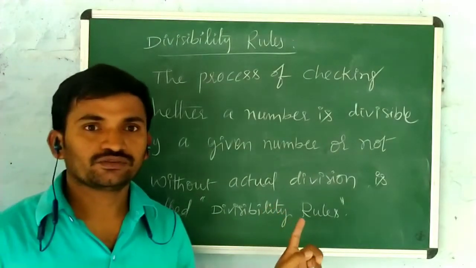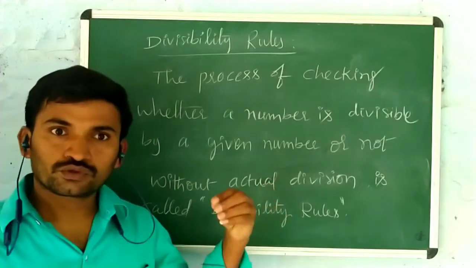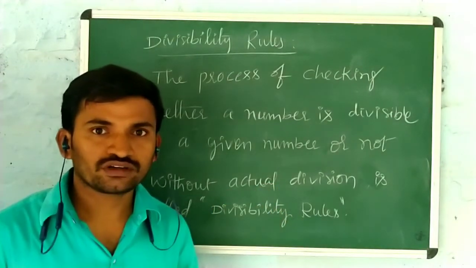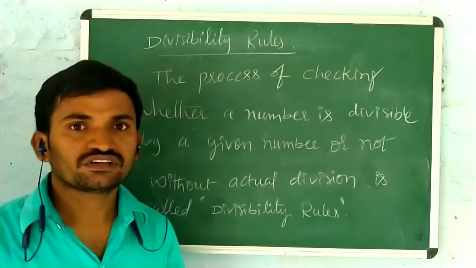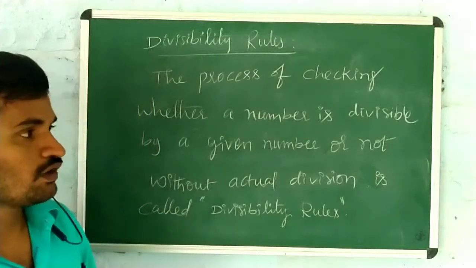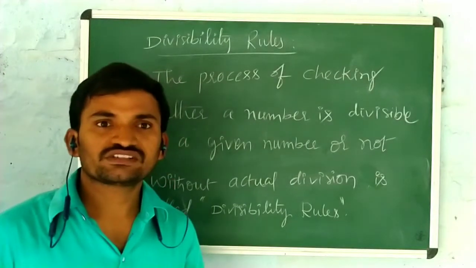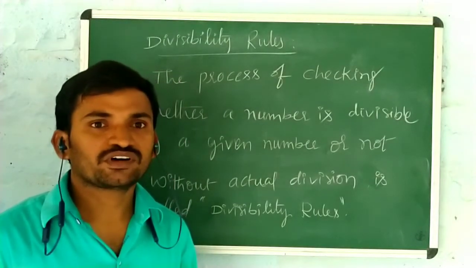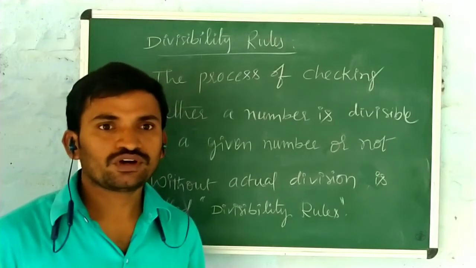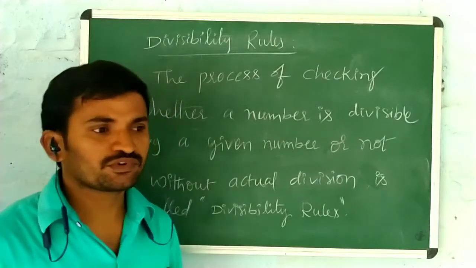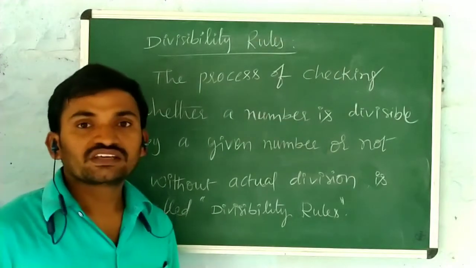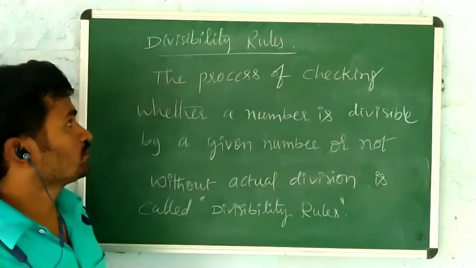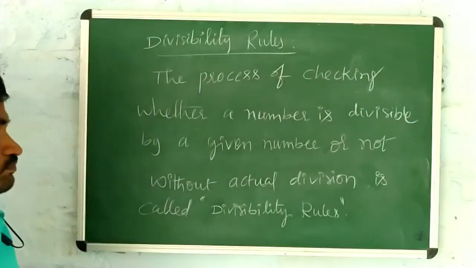I already told you, in division, to check whether it is exactly divisible or not, we perform division. If you get the remainder 0, we can say it is divisible by another number. If you get remainder 1 or any other number except 0, we can say the given number is not divisible by another number. So, observe once carefully.